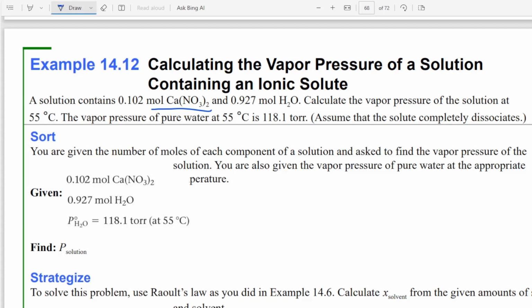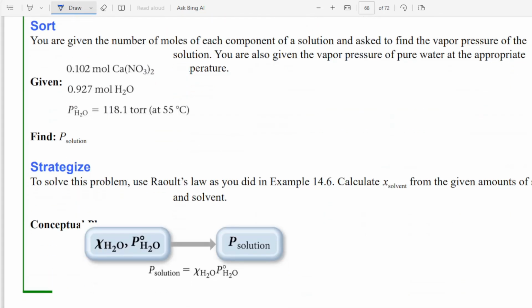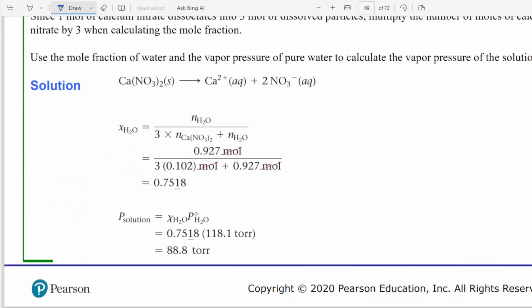So in order to work this problem, we just need to calculate the mole fraction of the water and multiply that times the vapor pressure of pure water, but the mole fraction of the water is going to be lessened by the fact that the calcium nitrate dissociates. So let's see how we work this problem.